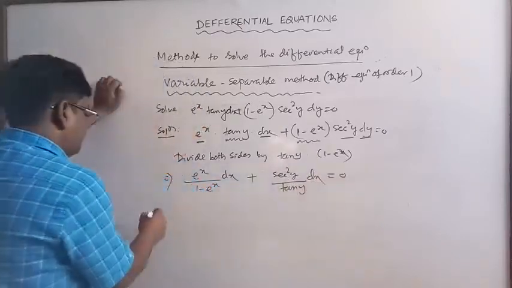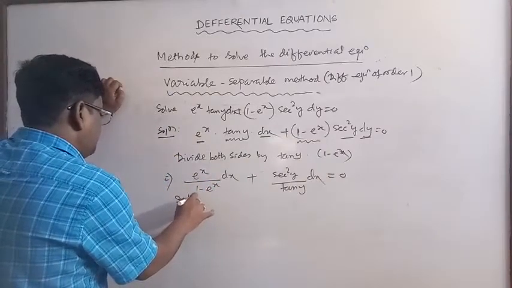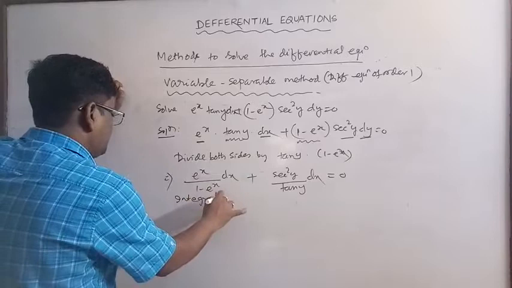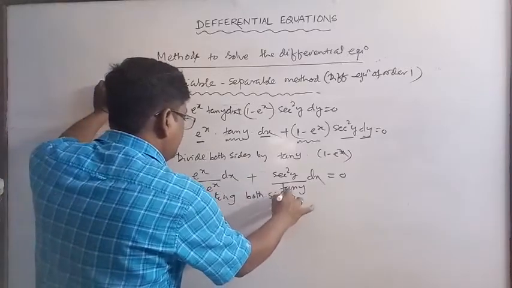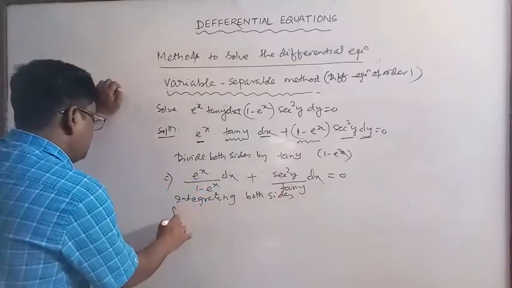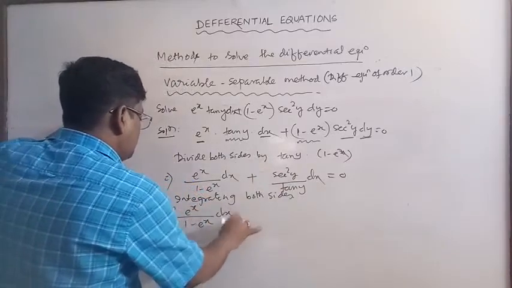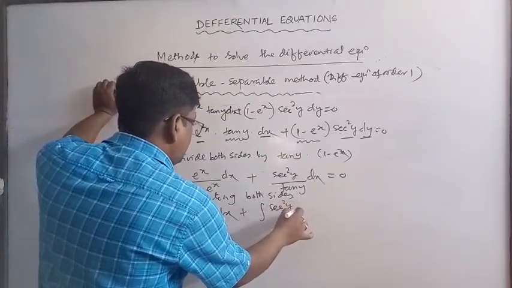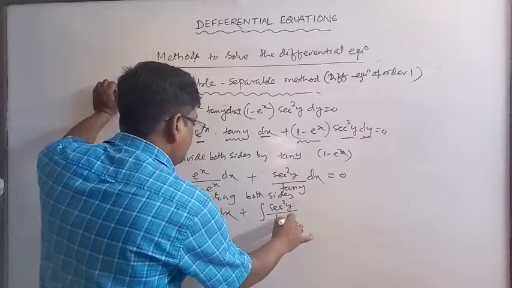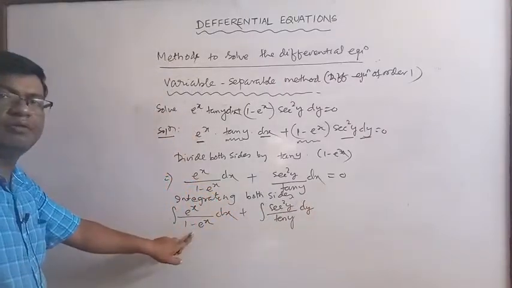Now variable separation is obtained. Now integrating both sides. Integration of e to the x by 1 minus e to the x dx, and integration of sec square y divided by tan y dy. What is the derivative of this? E to the minus x.